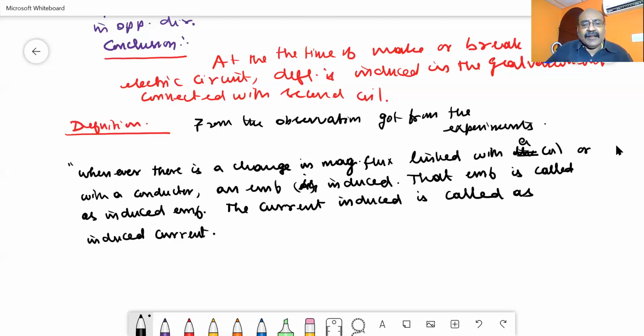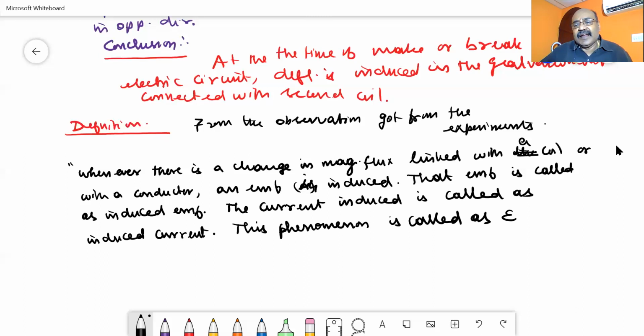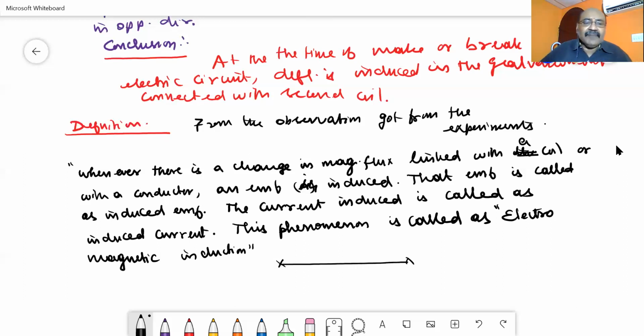This phenomenon is called electromagnetic induction. So this is the definition for electromagnetic induction. Let us recall again.